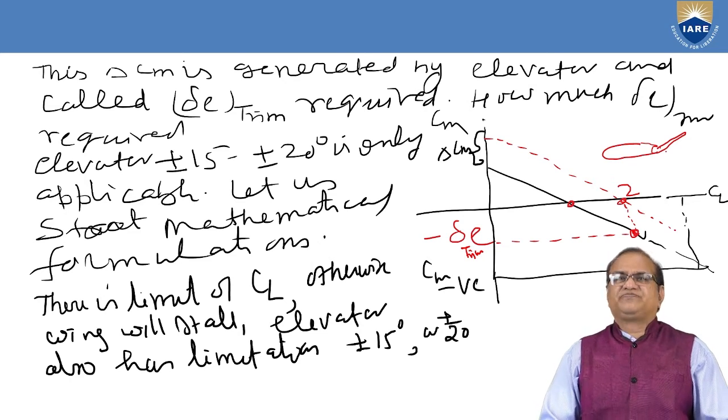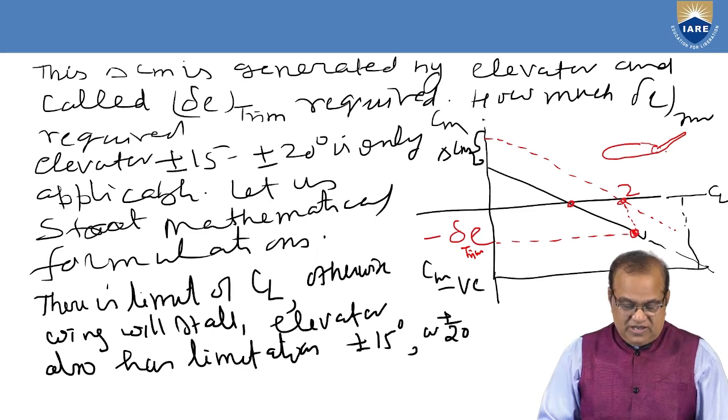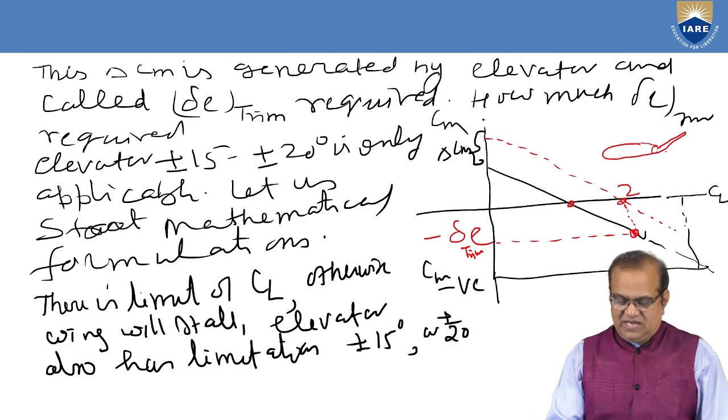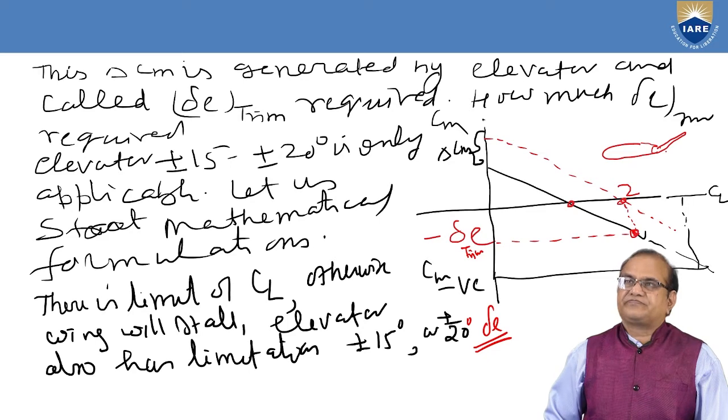Let us start the mathematical formulation of the wing. If you increase the angle of attack too much, the wing will stall. So the elevator also has a limit, up to plus or minus 15 to plus or minus 20 degrees of deflection delta E.